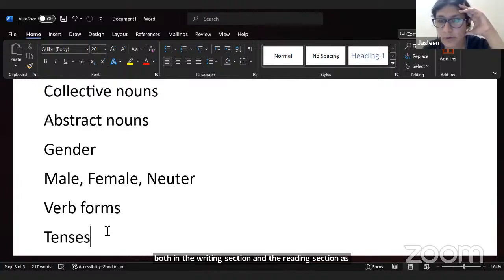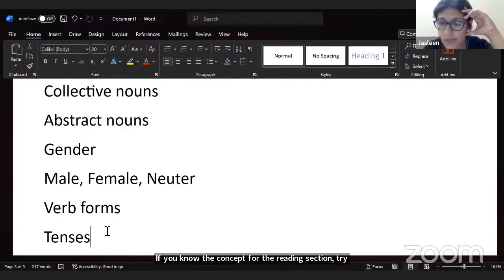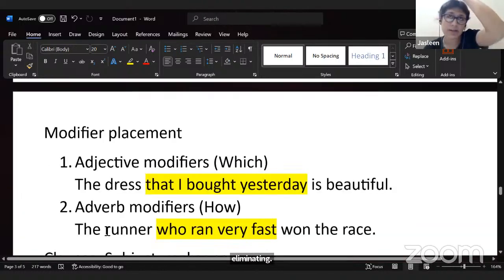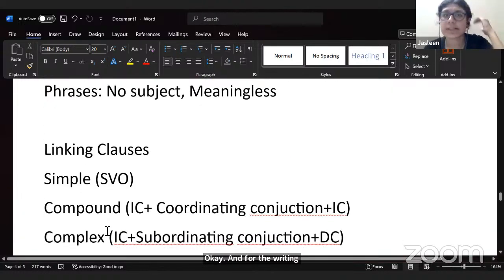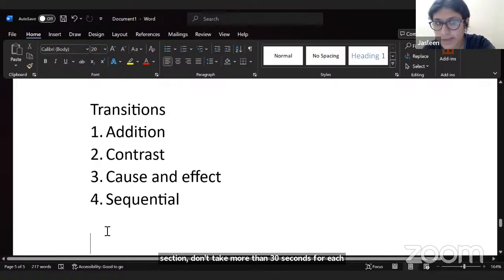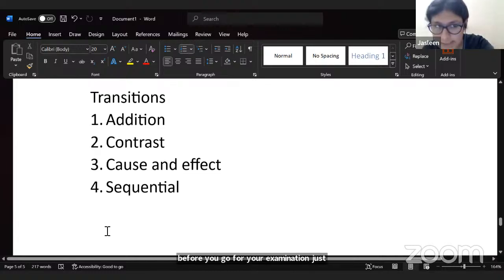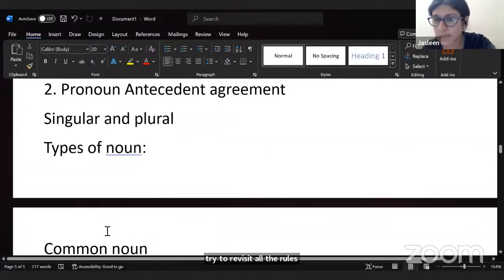If you try to look for the correct answer, you might waste your time doing that. So if you know the rules for the writing section and if you know the concept for the reading section, try eliminating. And for the writing section, don't take more than 30 seconds for each question. 30 seconds is the maximum time that you should take. Before you go for your examination, just try to revisit all the rules and practice as much as possible.